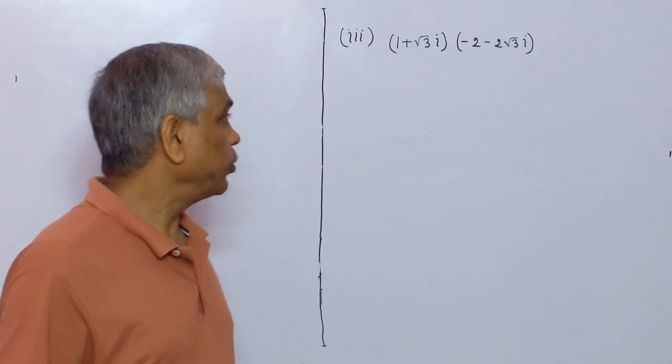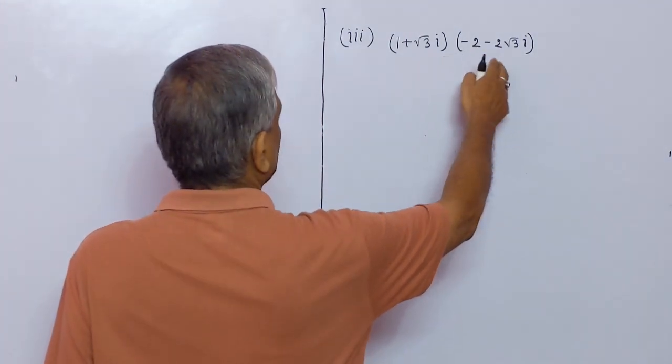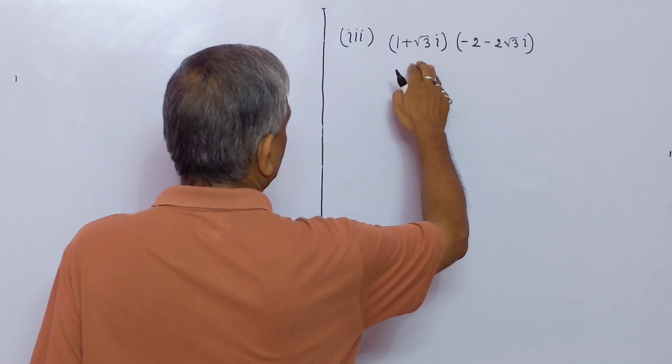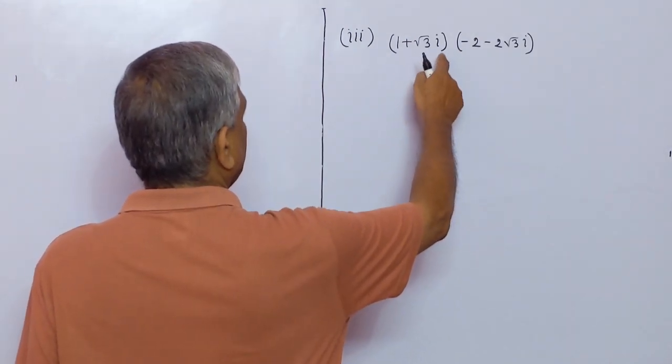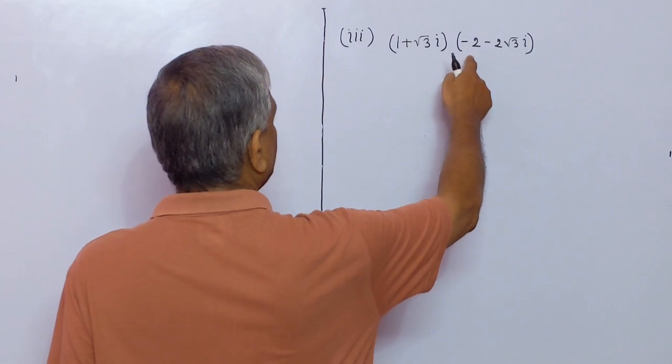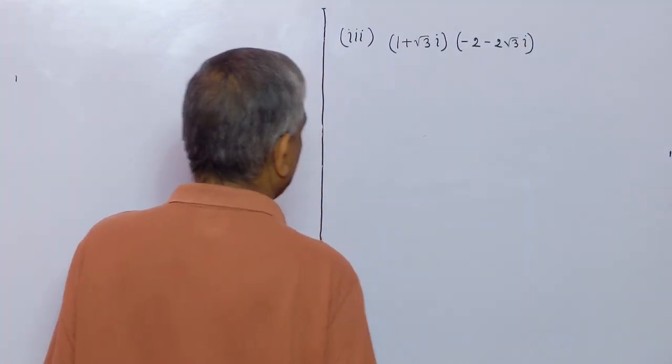Now we solve problem number 3. In 3 we have two factors. First factor is 1 plus square root 3 i and second factor is minus 2 minus 2 square root 3 i.